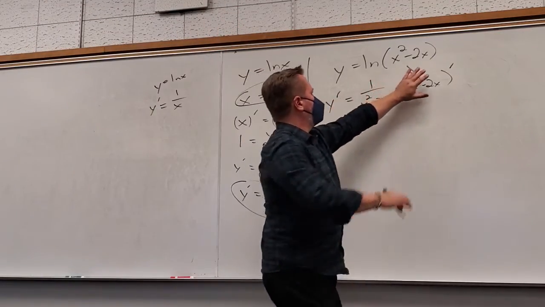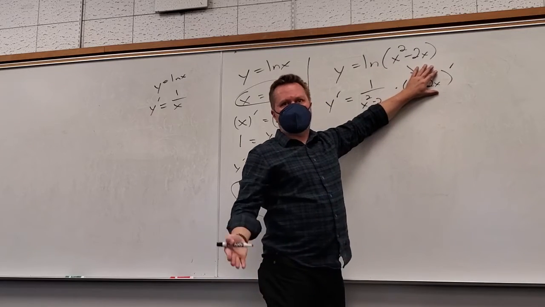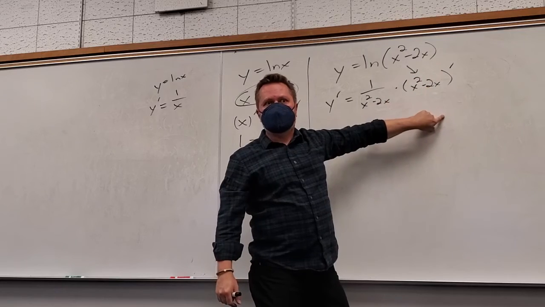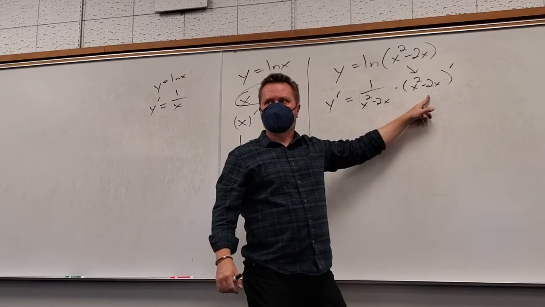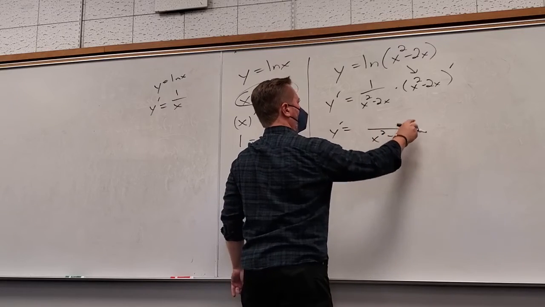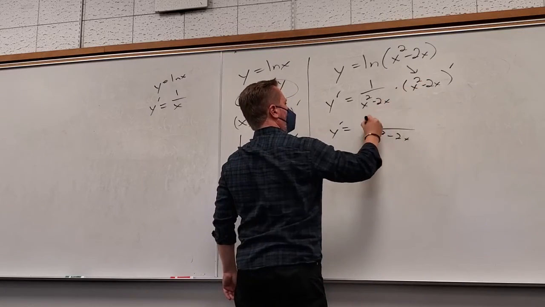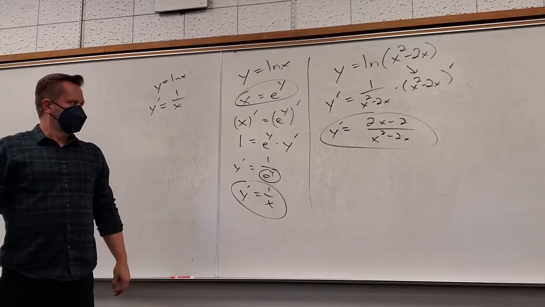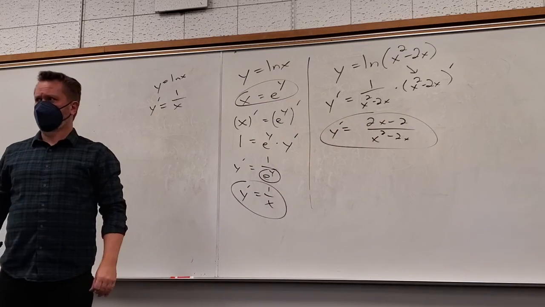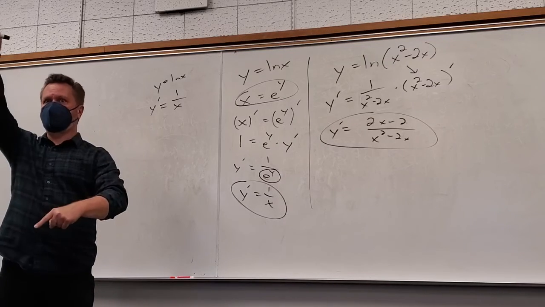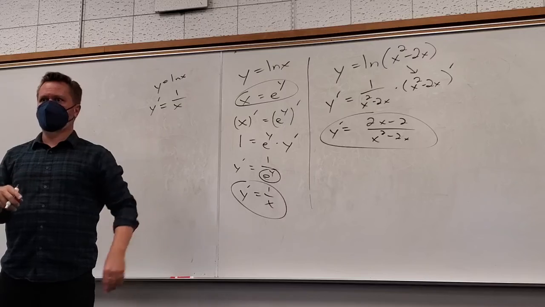So this first step was derivative of natural log, that's the new thing we just learned. Chain rule says, give that inside stuff a turn. So what do I get then? 2x minus 2. Bam.